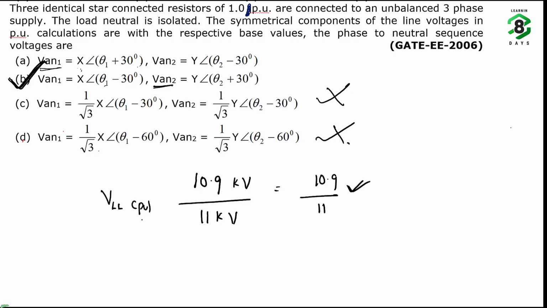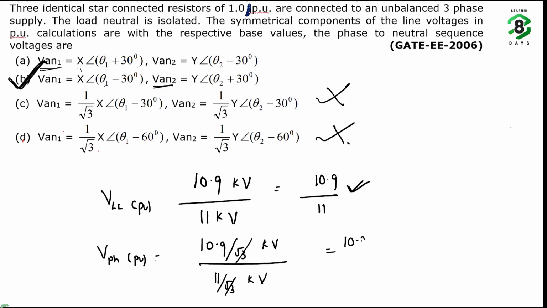When you calculate the phase to neutral per unit value for the same, it will become 10.9 divided by root 3 as the actual phase to neutral value, and 11 kV divided by root 3 is the actual base value. So this root 3 will cancel. So you're going to get the same value.